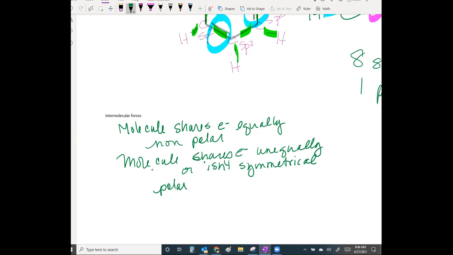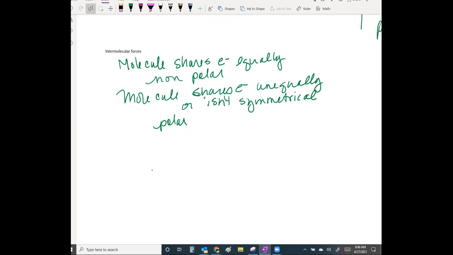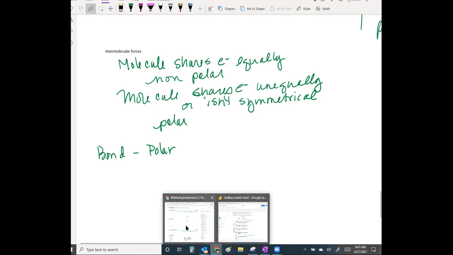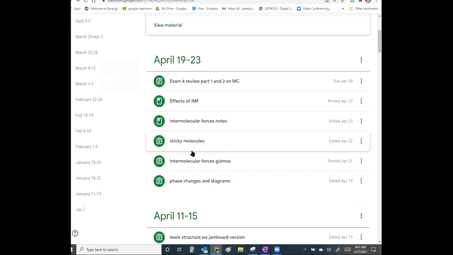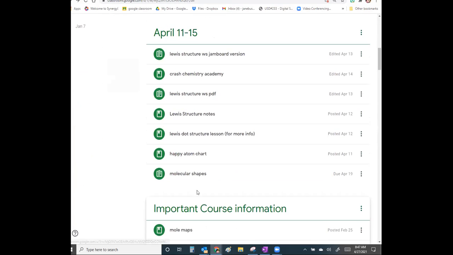Okay? To figure out if a bond is polar or not, you look at the electronegativity chart. Your classroom happy atom chart has an electronegativity chart on it.